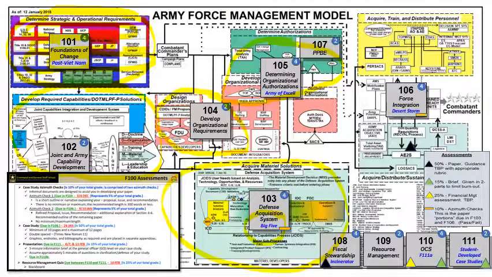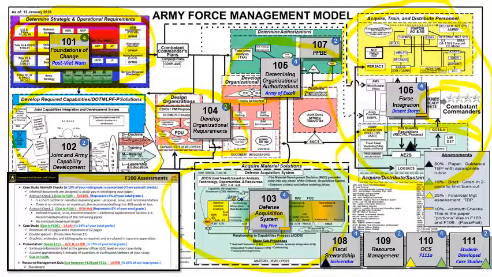F106, you'll look at the Army process of force integration. And let me just say briefly, that's taking people and equipment, merging them together to form trained and ready units to provide those to the combatant commanders. So F106, the force integration process.